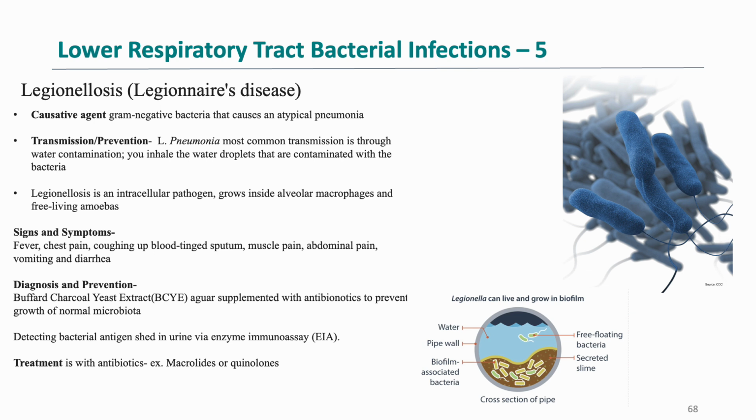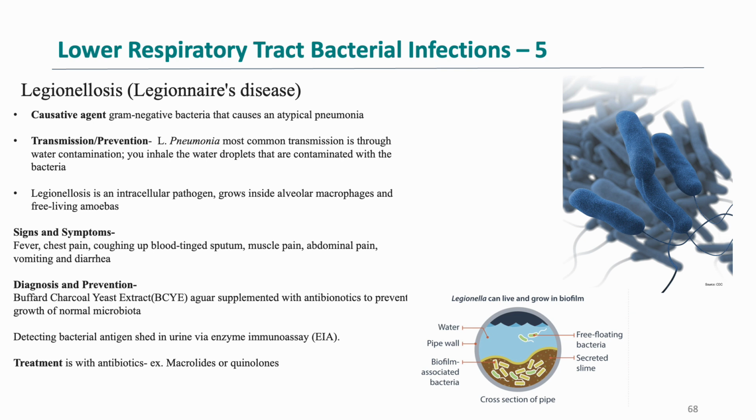It is an intracellular pathogen growing inside alveolar macrophages and free-living amoeba. Some signs and symptoms that you have gotten this bacteria are fever, chest pain, coughing up blood-tinged sputum, muscle pain, abdominal pain, vomiting, and diarrhea.